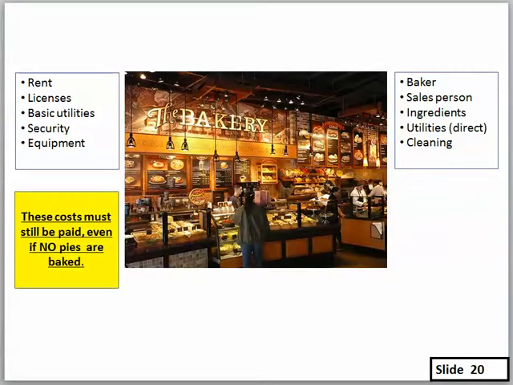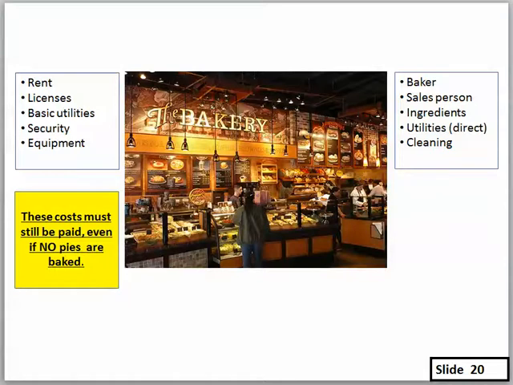These costs on the left: the rent, the license, basic utilities, that's the electric for the building, basic security, and the equipment in the building, the lease payments on the equipment. The key to these is it does not matter if our bakery makes 1 pie, 10 pies, 100 pies, or 1,000 pies in a month.